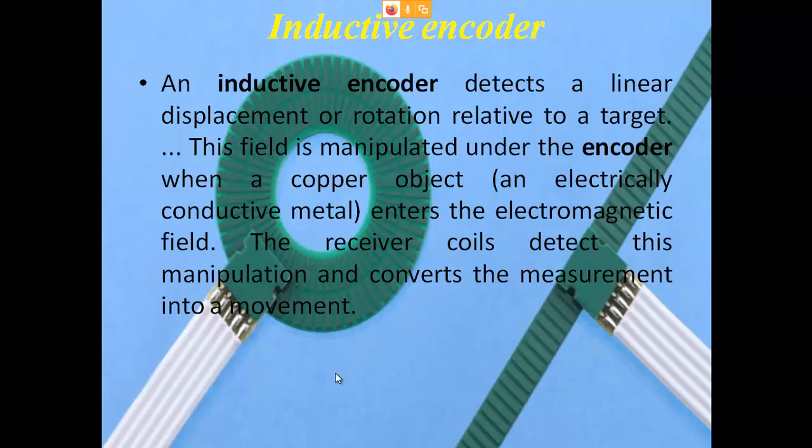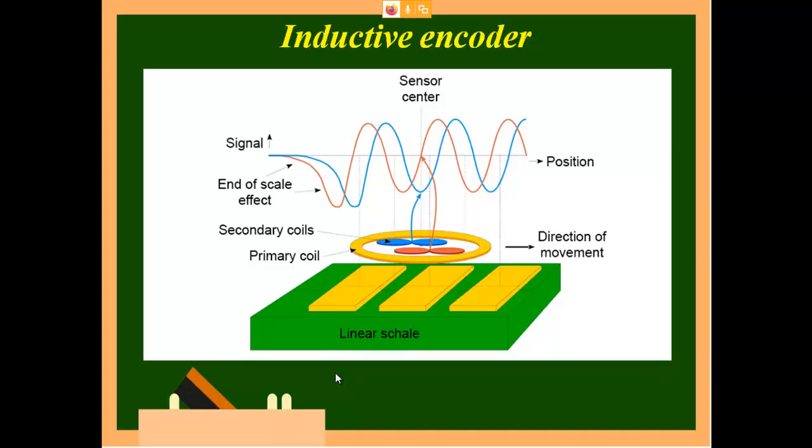This field is manipulated under the encoder when a copper object enters the electromagnetic field. The receiver coil detects this manipulation and converts the measurement into a movement. Okay, so only that is the difference here. Here you can see the diagram.